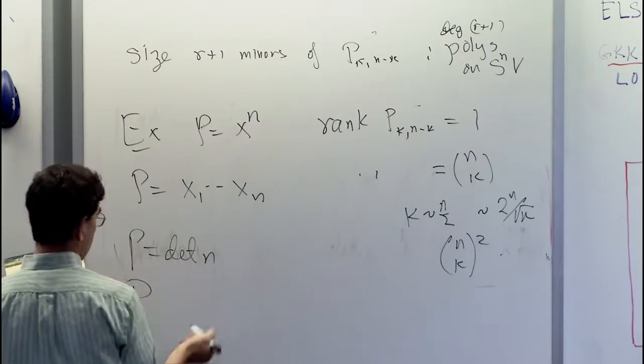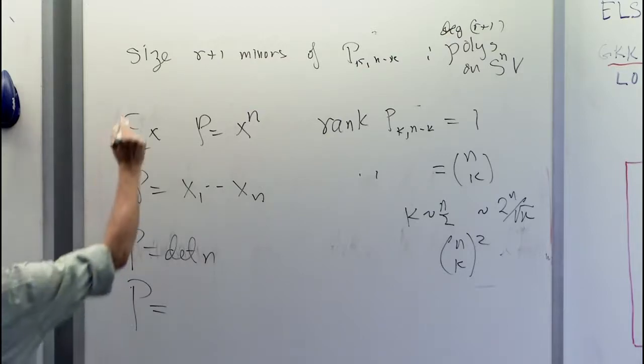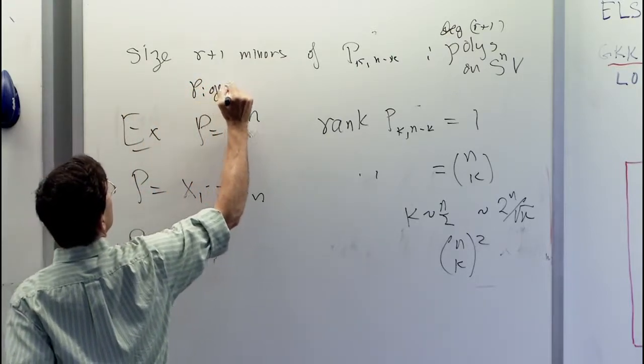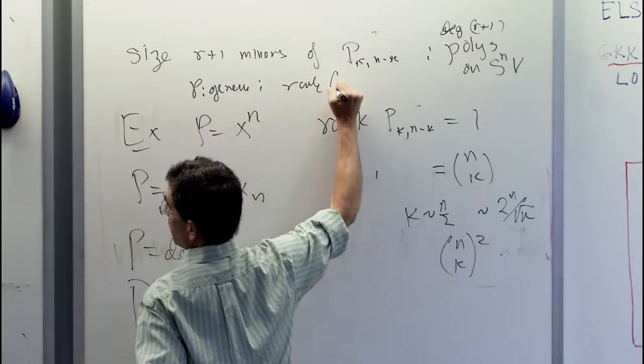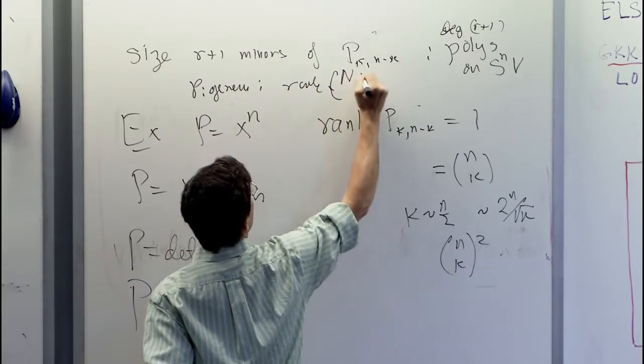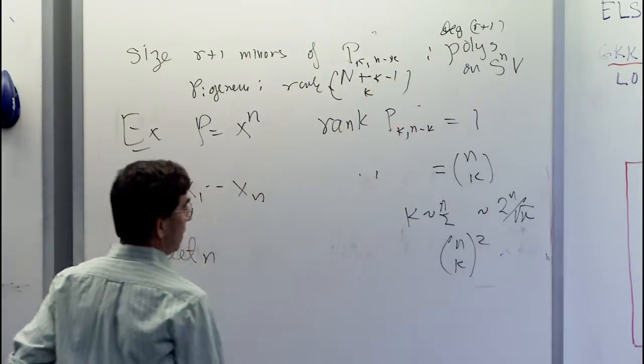And for p generic, the rank is N plus k minus 1 choose k.